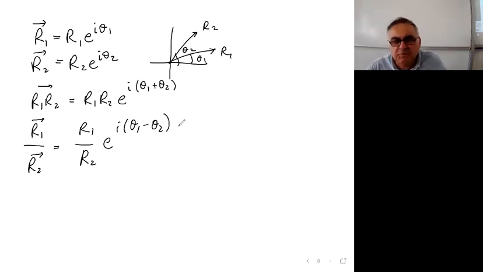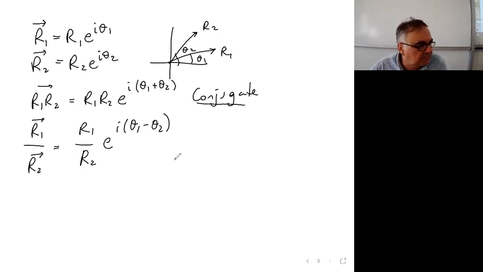There is something called the conjugate of a vector.